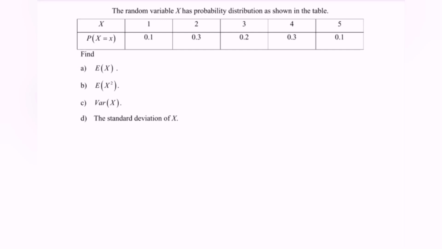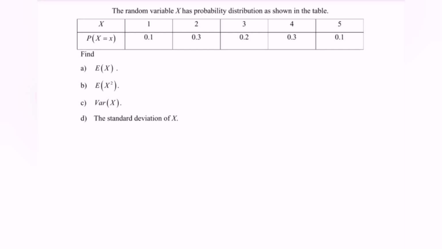In this video, I'm going to discuss an example for a random variable. The random variable x has a probability distribution as shown in the table. Find the expected value, B, find E(X squared), C, find the variance, and finally find the standard deviation.